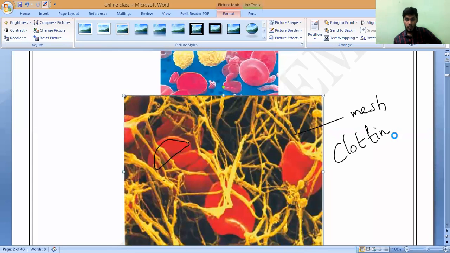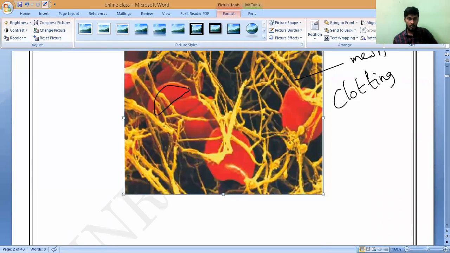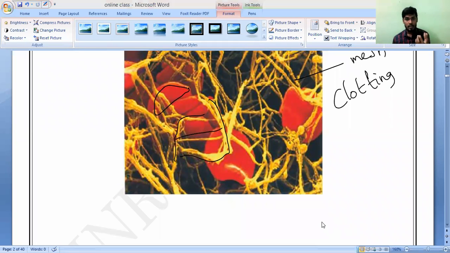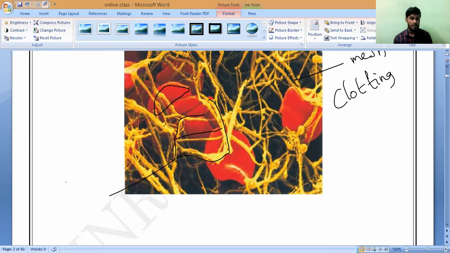That is clotting. In this picture you can see all the red blood cells are trapped, held by some mesh kind of substance. Have you noticed it? This yellow substance. Do you understand or not? It produces a mesh of fine threads, like a mesh.